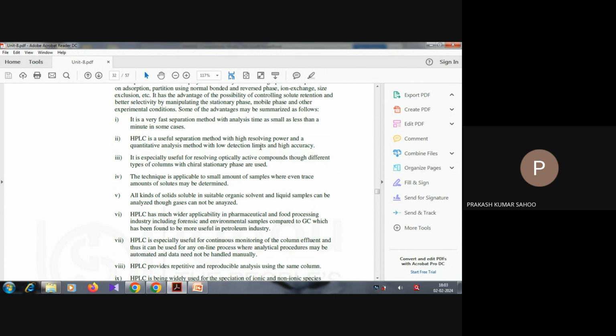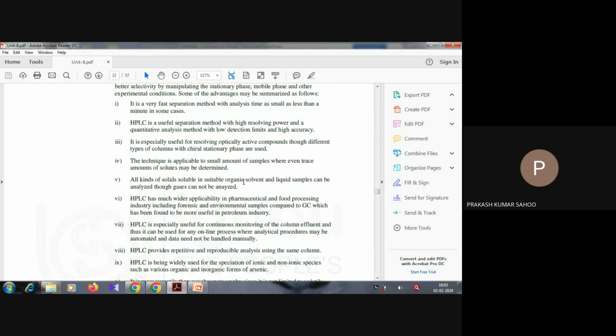It is especially useful for resolving optically active compounds, where different types of columns with chiral stationary phases are used. Optically active compounds means these are diastereomers or enantiomers. So these optically active compounds can be detected by using a chiral stationary phase, that is chiral chromatography.